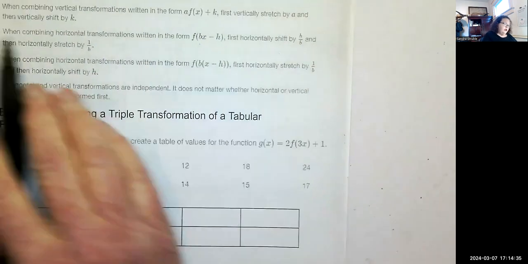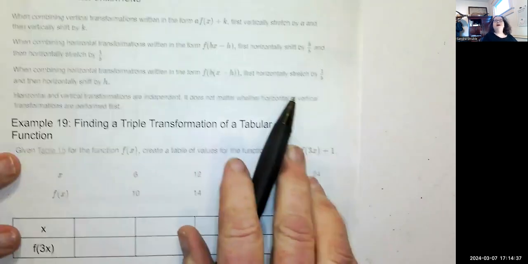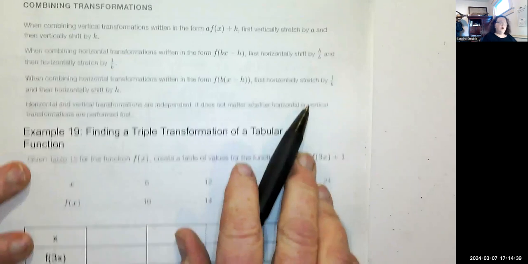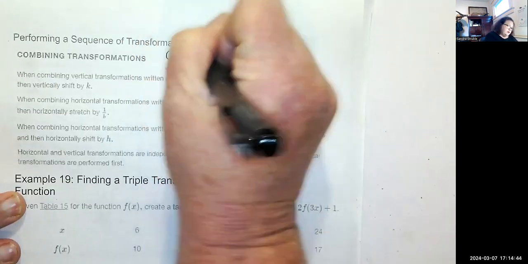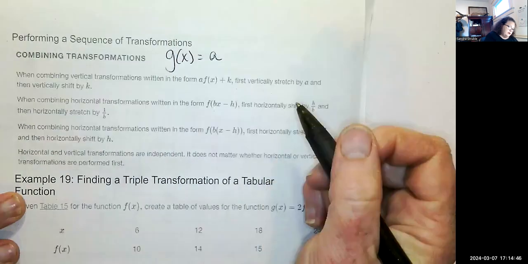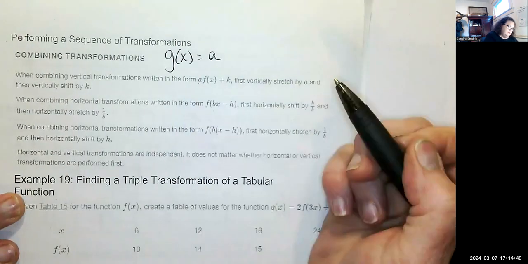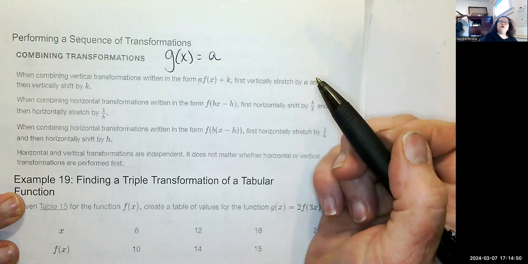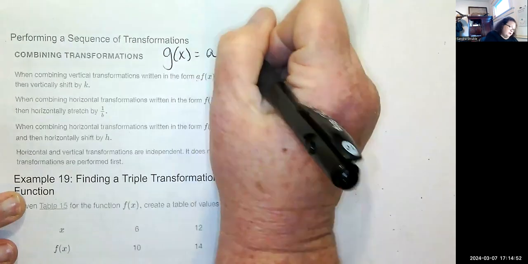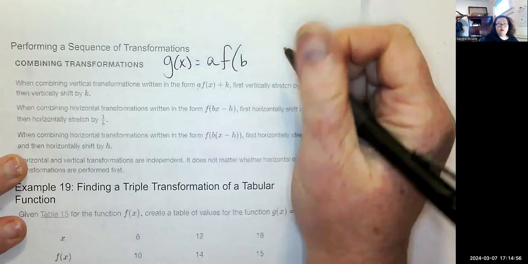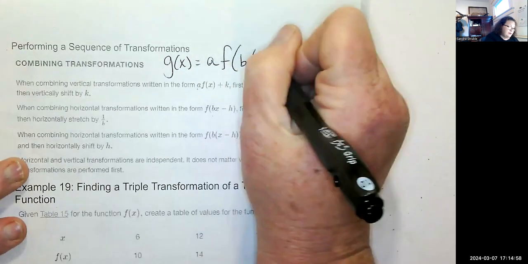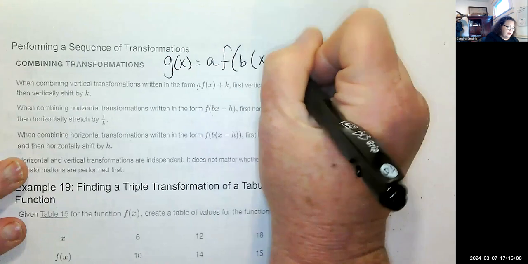Let's go to finding a triple transformation of a tabular function. So all of this right here is what I just went over, to where g of x is equal to a, which is my vertical compression or stretch. And then the function, if you have a b, then 1 over b is your horizontal compression or stretch, times x minus h.